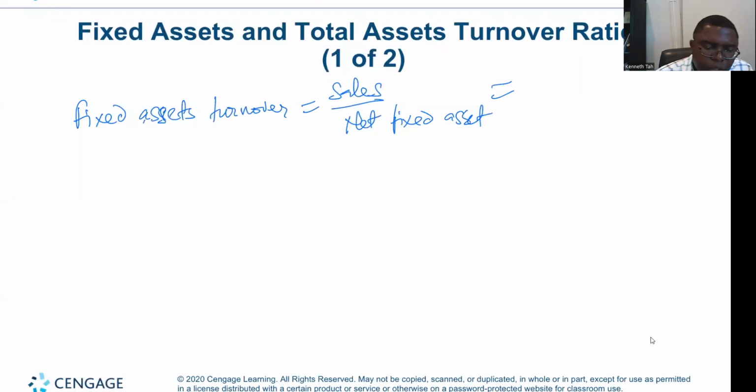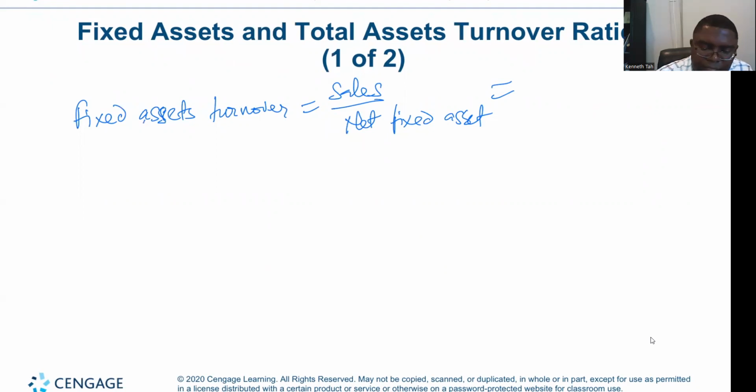It tends to measure how efficiently a firm uses its plant and equipment. So it is fixed asset turnover, how efficiently the company uses its plant and equipment.